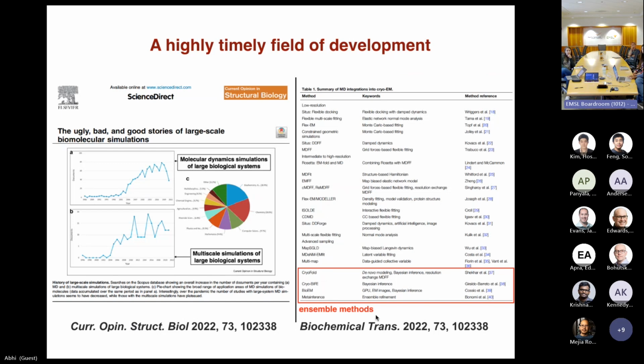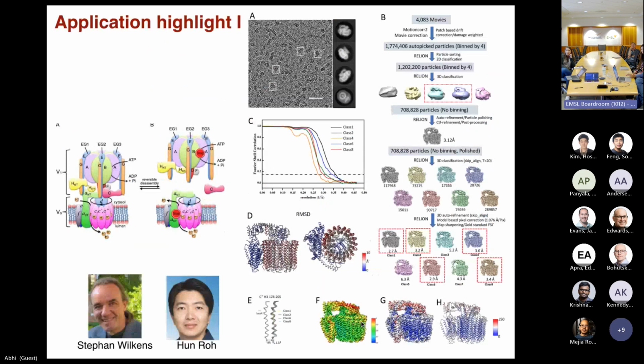Some of them are also ensemble methods, not all of them. So you might or might not have looked into it. There's Rosetta, EM Fold and MD. People have done a lot of things here, but it's an area of absolute interest in integrative modeling. With that, let's move on to some applications of these.